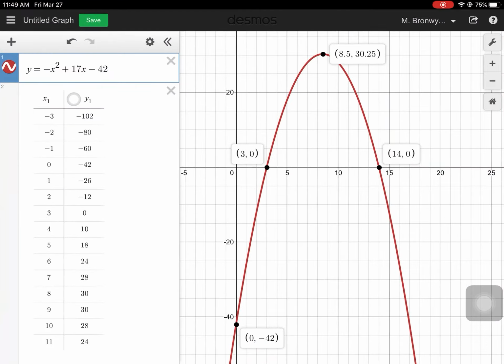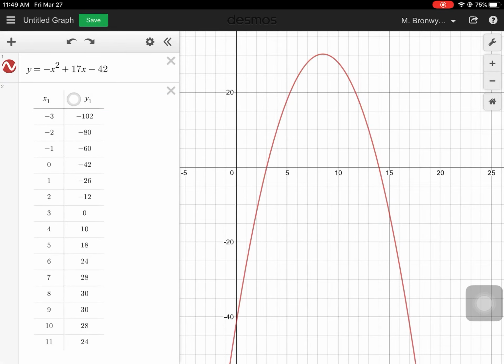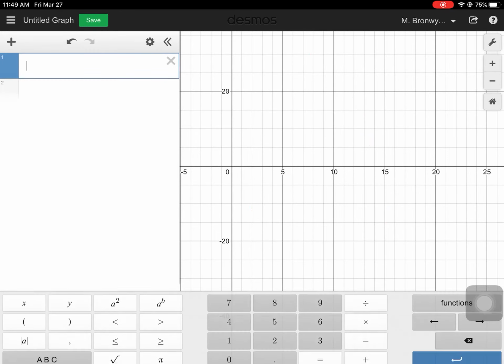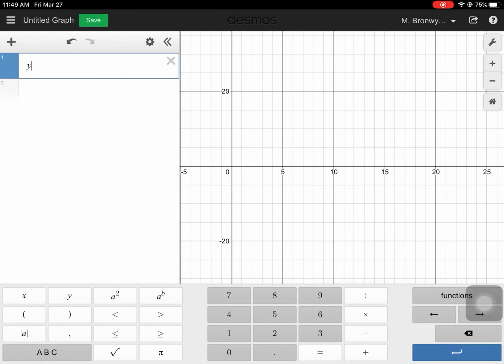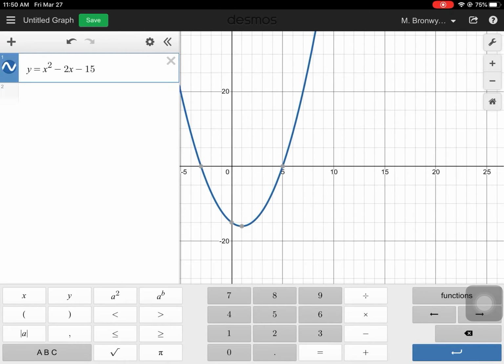We're going to go back to Desmos, and I'm going to create a new expression. Let's clean this out. And we're going to put that equation in just to make sure that we have things right. y equals x squared minus 2x minus 15.